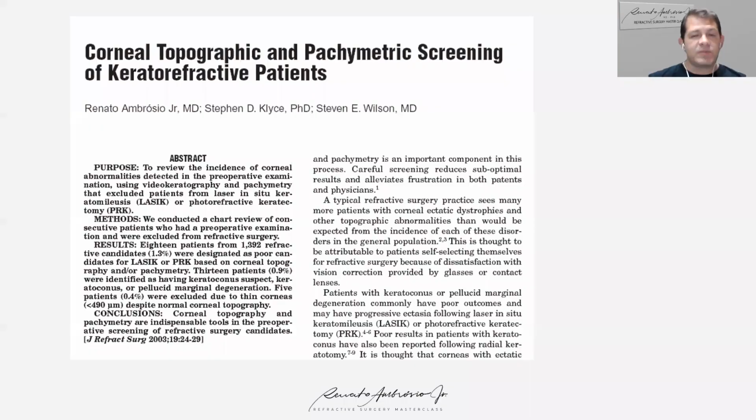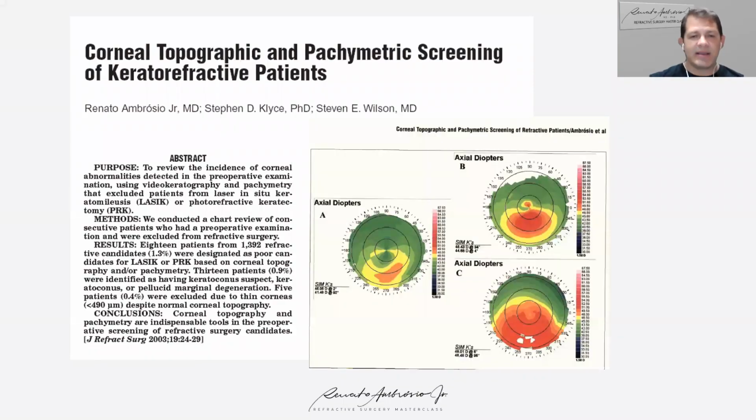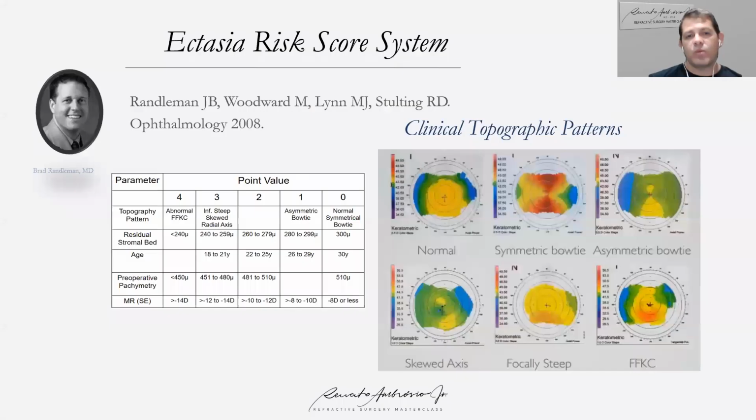So topography is important because you can detect mild abnormalities in patients with mild disease, 20/15 distance corrected, 20/25 minus, plus, and in these cases, in this half of the cases that we saw in Seattle, Washington, at the University of Washington, had a normal biomicroscopy and a good distance corrected vision, and they present with mild topographic abnormalities.